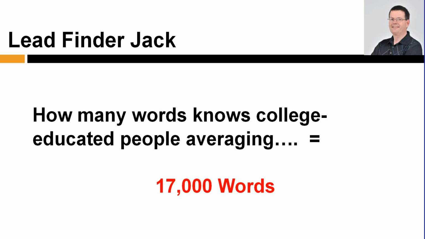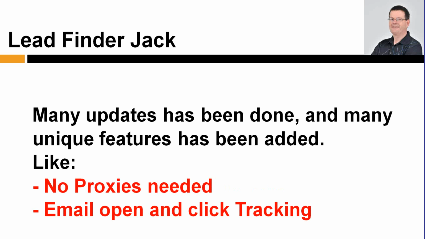On purpose, I showed you what you have to do for sales with Dynamite Jack. There are certain steps within the program you do. But Lead Finder Jack is so much more. It's just like a dictionary, okay? You don't need proxies, so that's a good thing.